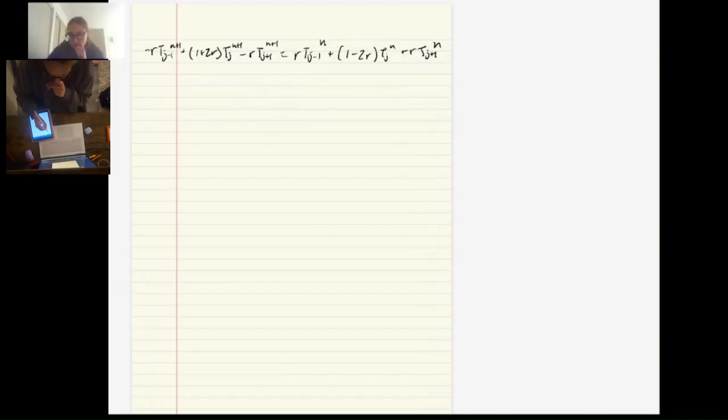With this, we want to do the von Neumann stability. That is pretty much saying we want T_j^(n+1) on this side and T_j^n on this side. Also with the von Neumann stability, we know that T_(j+1) is equal to e^(ik delta x), and so forth.